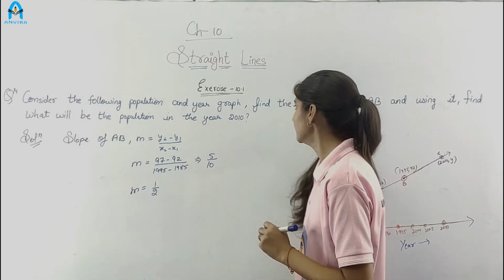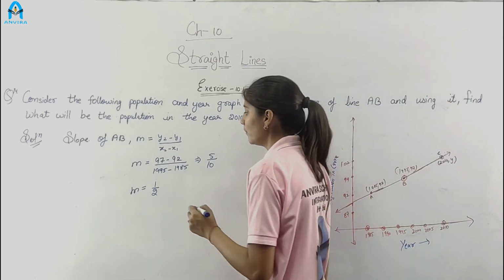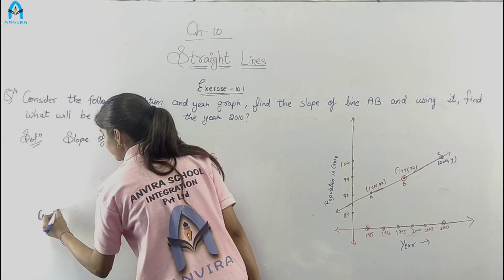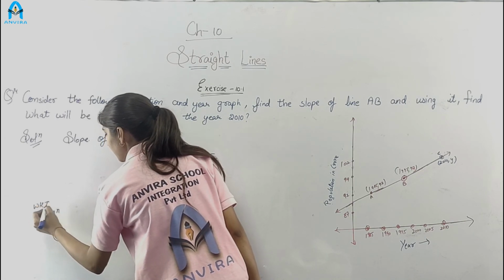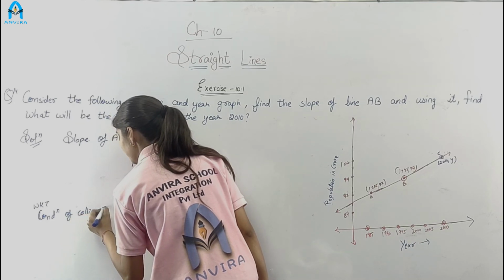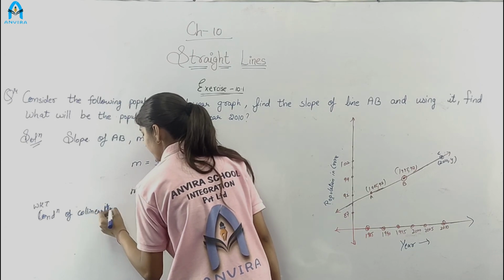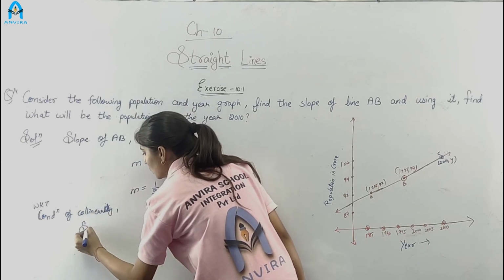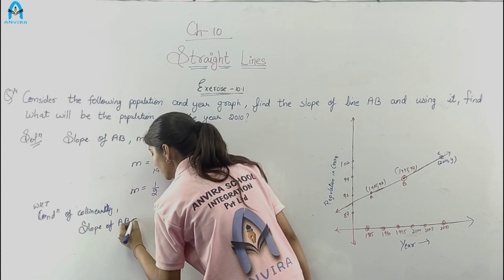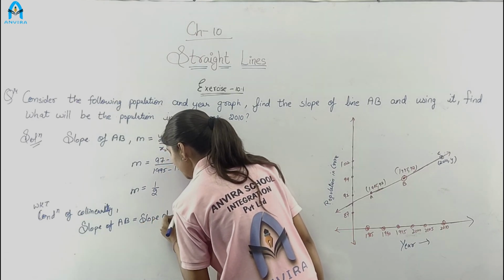Now we will find the population in the year 2010. For population we know that the condition of collinearity is slope of AB is equal to slope of BC.